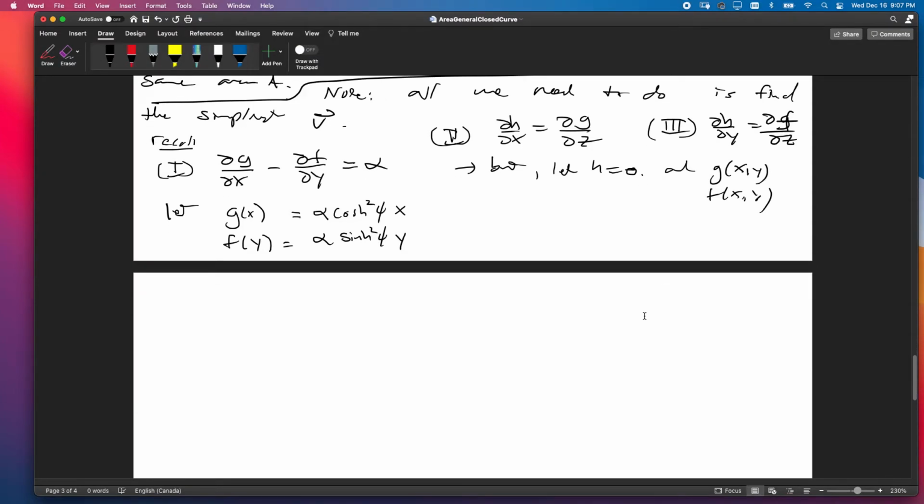All right, so then it's super simple. Then my vector v is, okay, I have an alpha out front, and it's just a cosh squared phi y. Oops, I messed it up.